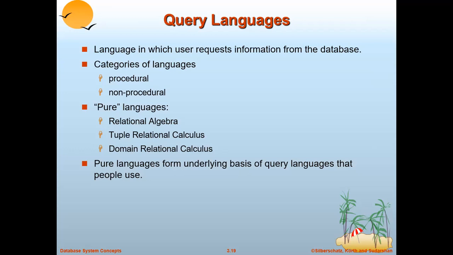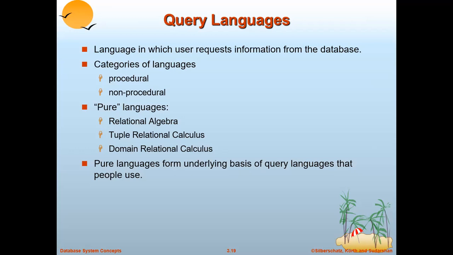Procedural language tells you what to do and how to do it. It's a simple language. Comparatively, non-procedural language will tell you what to do, but not specify how to do it.